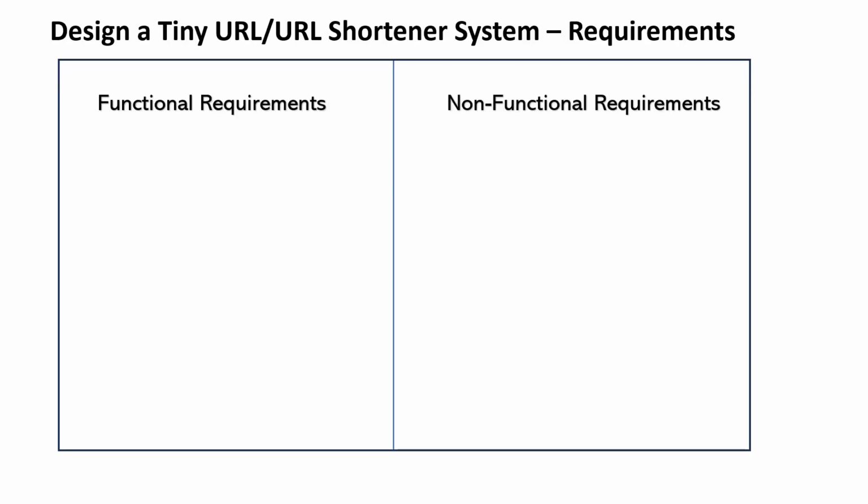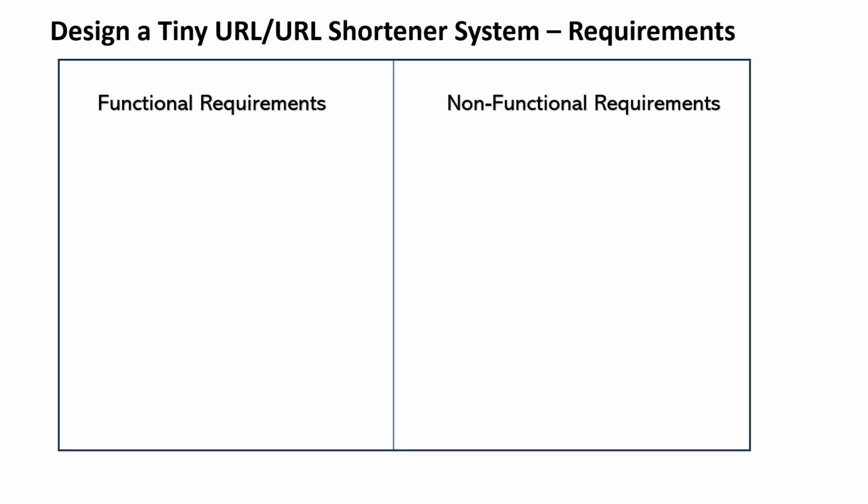Always remember that requirements come in two flavors. First are the functional requirements, where we focus on the functionality of the system which we are designing. And the second category is where we focus on aspects which are non-functional.